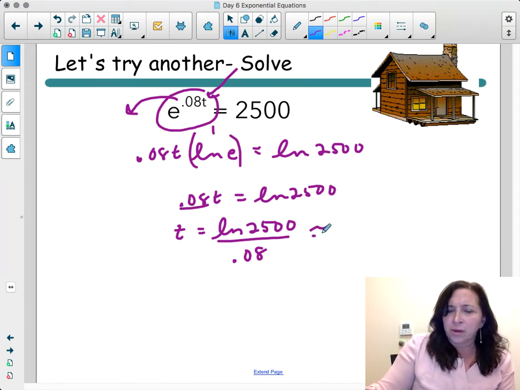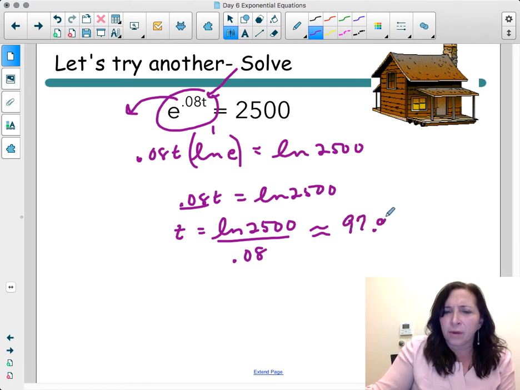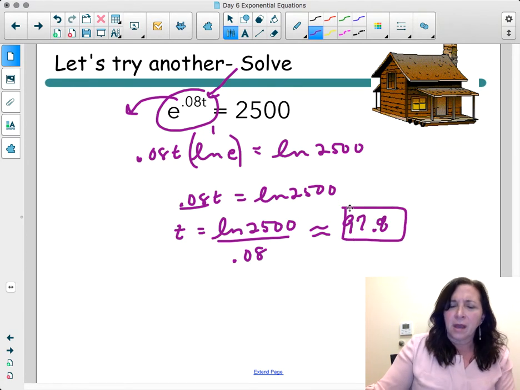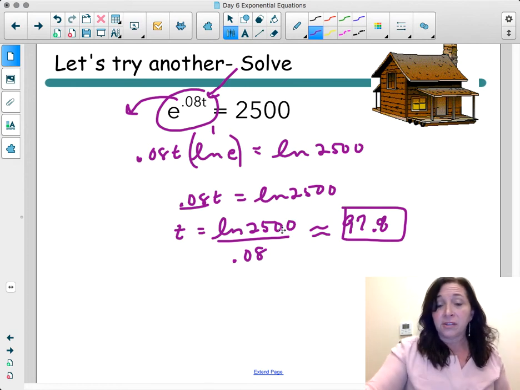And when you work that out, that approximates to, I think it's 97.8, something like that. Okay? You can use your calculator on that and try to figure out what that is. That's something you definitely should know how to do.